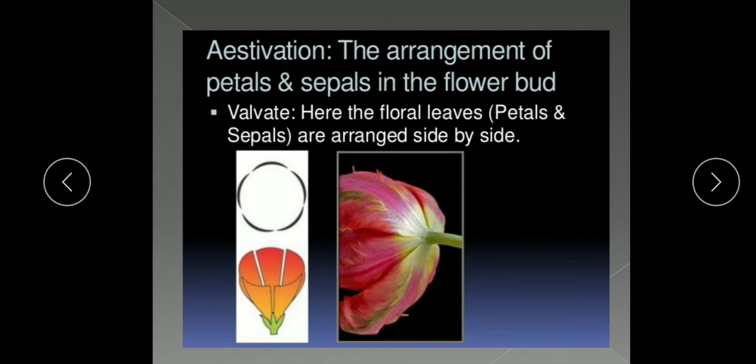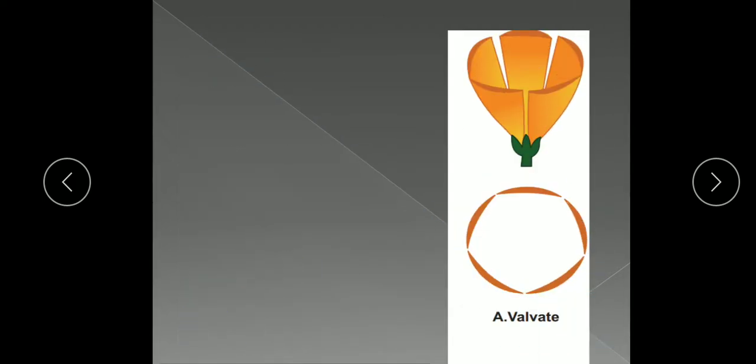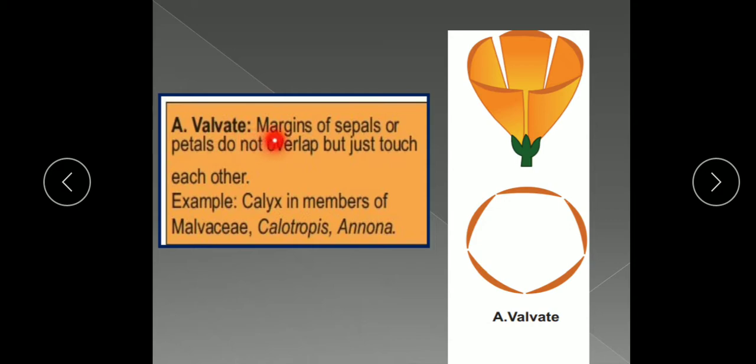So the first type is the valvate, where the floral leaves, petals and sepals, are arranged side by side. We'll see its detail here. First type, valvate: margins of sepals and petals do not overlap but just touch each other. You can see here, this is the petal and this is the sepal. When you see their arrangement, the members of the whorl are in contact with each other by their margins only, no overlapping.